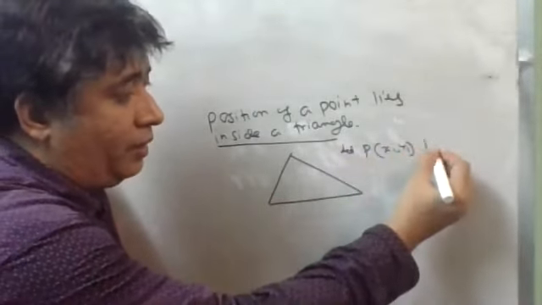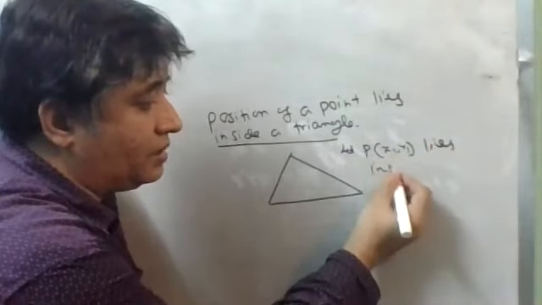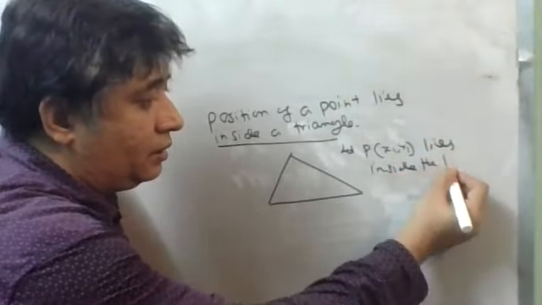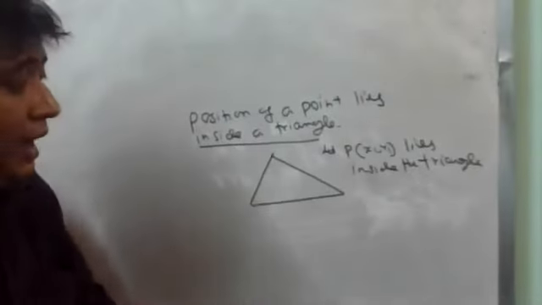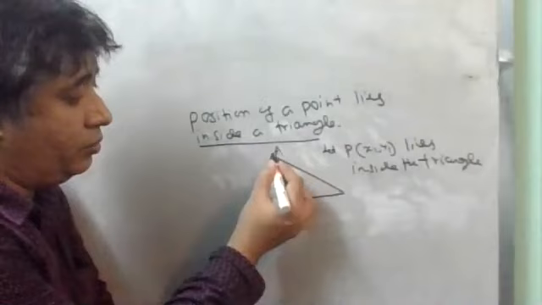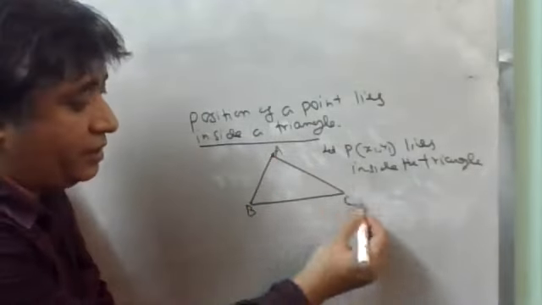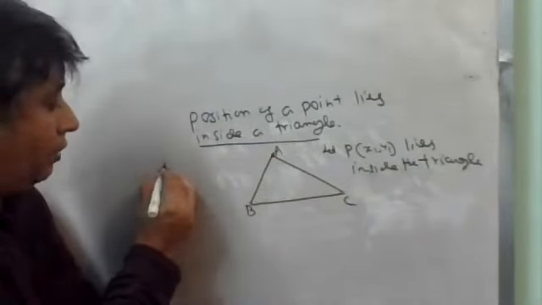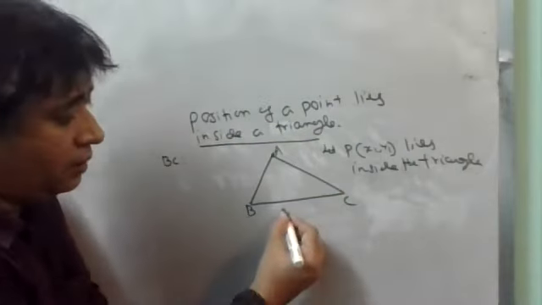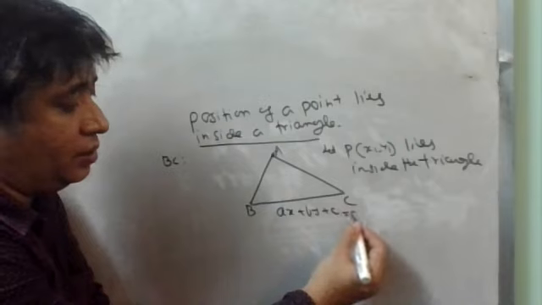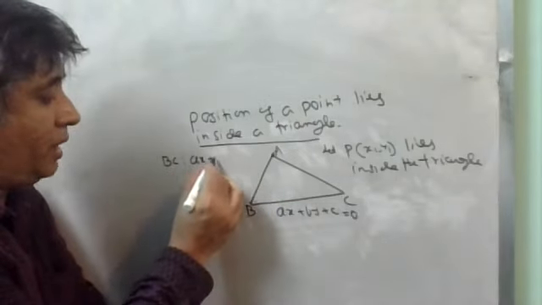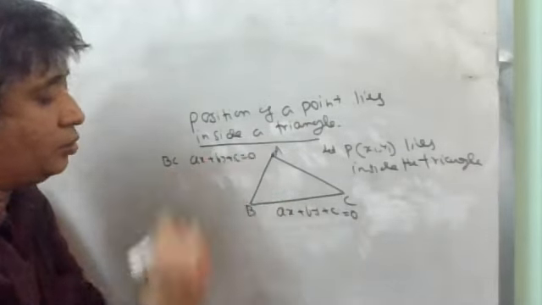Let P x1 y1 lie inside the triangle. Okay, and we are labelling the vertices by ABC. Now BC I am letting, this is ax plus by plus c is equal to 0.